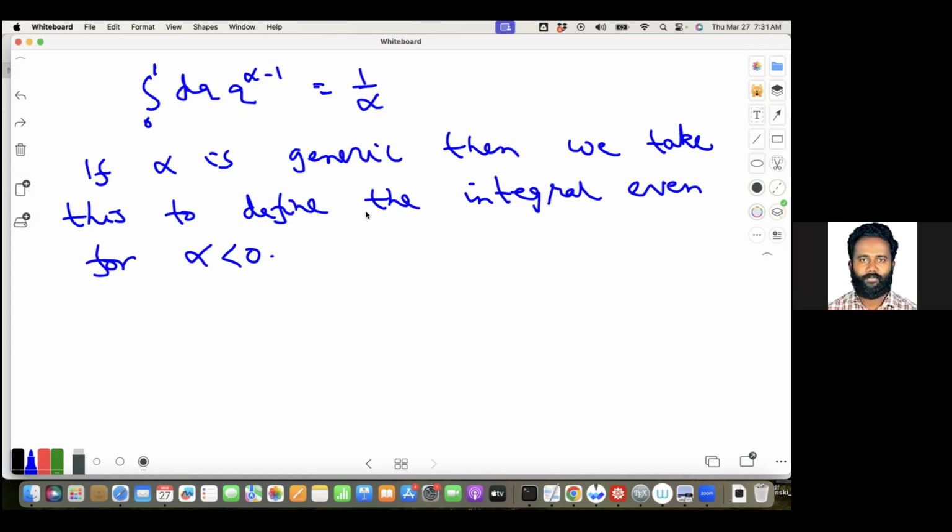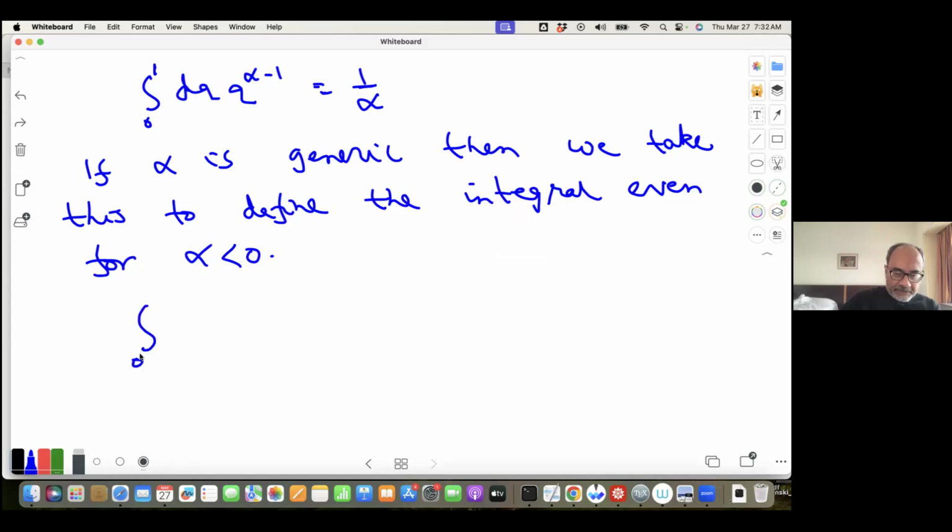We had discussed that if we use this procedure, then total derivatives always have no boundary contribution from 0. Suppose you do this integral from 0 to 1 of del q of q to the beta, where beta is an arbitrary number.